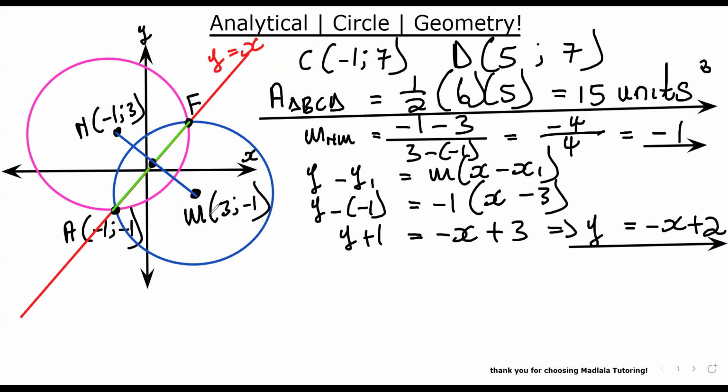So now that we know the equation of NM, we also know the equation of the line of symmetry. Then we are just going to equate those two, because where they intersect, it's at the midpoint of the chord AF. So we say y equals y, of course.